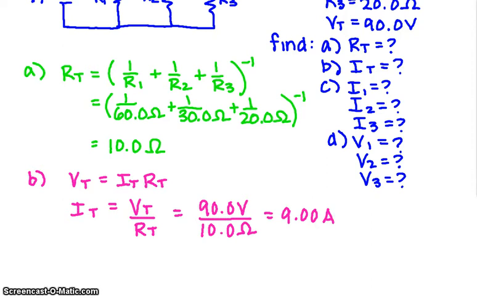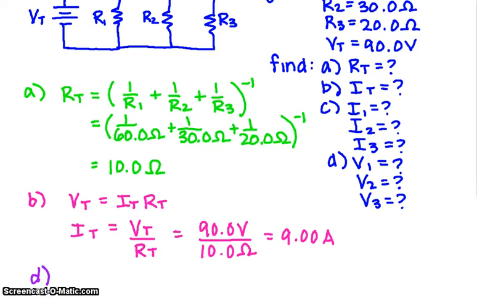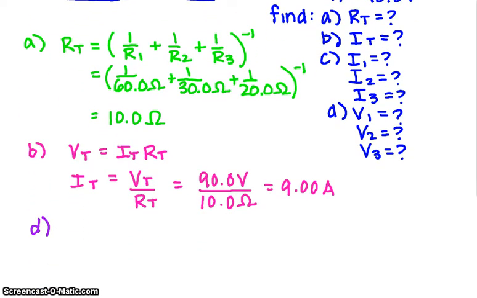Now for part C, we actually need to know what V1, V2, and V3 are, so it makes more sense in this problem to do part D first. And this is a simple parallel connection. Since we have single resistors on 3 individual loops, each one of those values, V1, V2, and V3, is equal to the total.